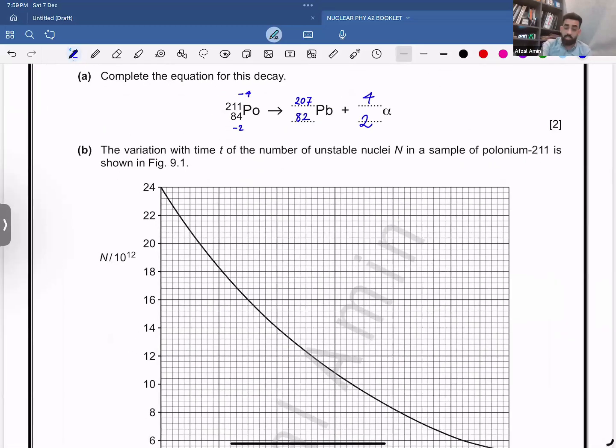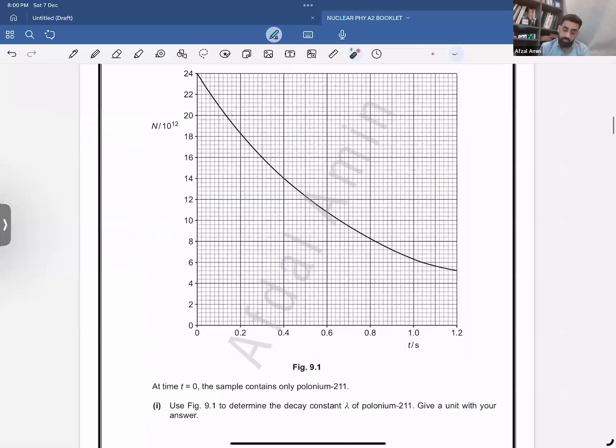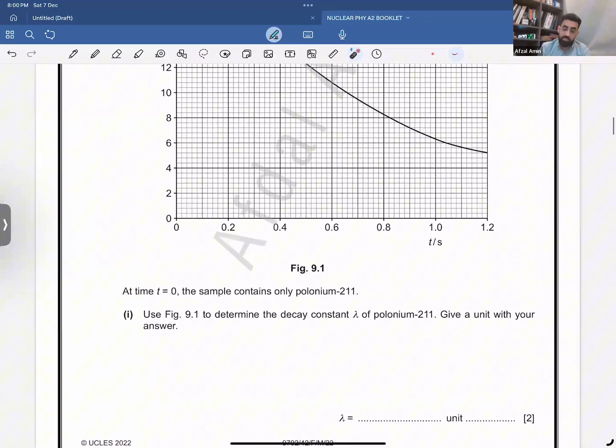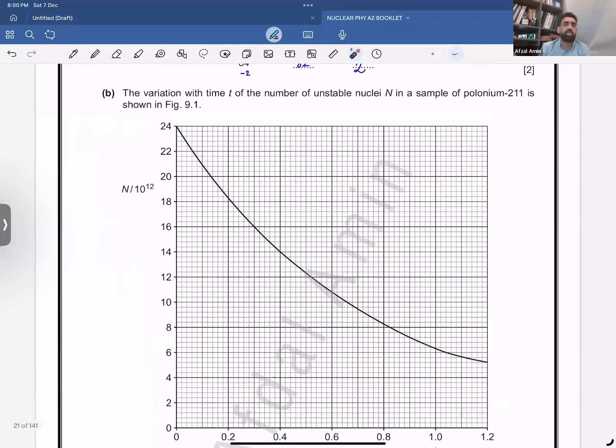The variation with the time t of the number of unstable nuclei n is a multiple of 10 to the power 12 in the values. It is for polonium 211. Polonium means the parent nucleus. So at time 0, the sample contains only polonium, which is 24 into 10 power 12, that is the initial value.